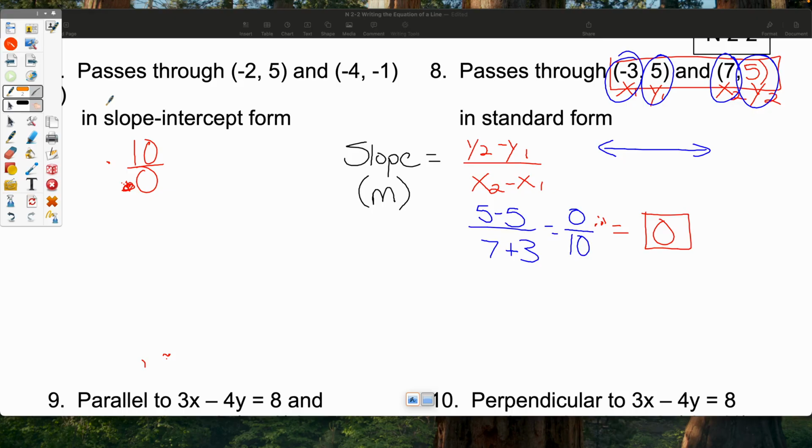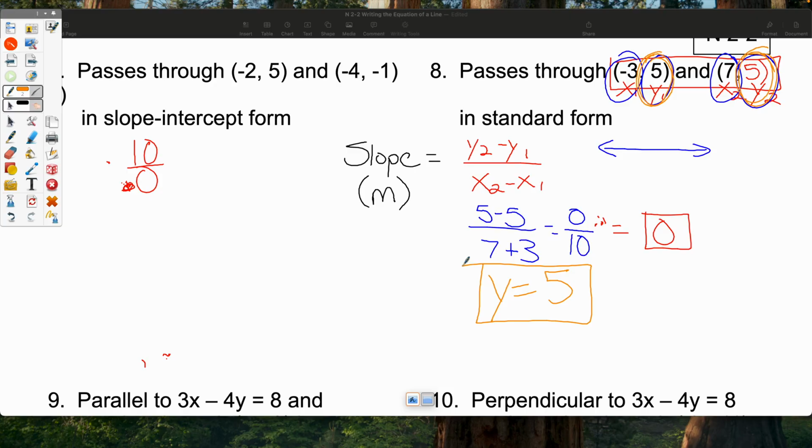Vertical line, x equals; horizontal line, opposite, 0, y equals. Okay, a line has a slope of 0. The equation, all of it is just y equals, and then my y value. See how these are both the same? 5 and 5 for my y's. So your equation, y equals 5.